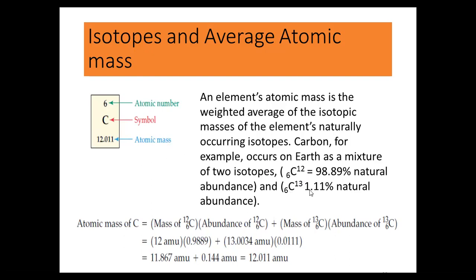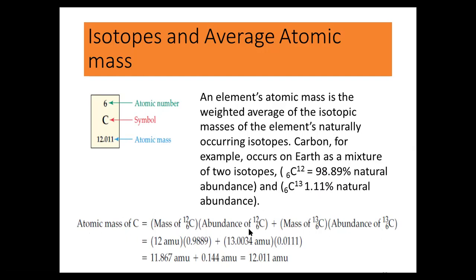Naturally there are two isotopes: carbon 6, 12 having a percent abundance of 98.89%, that is the natural abundance available naturally, and carbon 6, 13 having only 1.11%. If it were 100%, then of course the atomic mass would be 12. But the sum of the mass is this, and the sum of the mass of carbon 6, 13 is 1.11. So now how can you calculate?